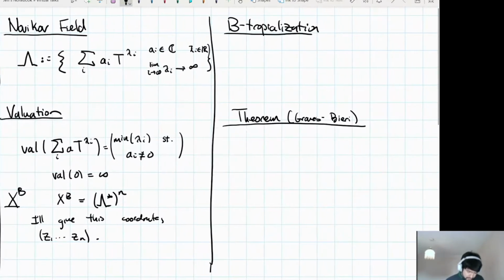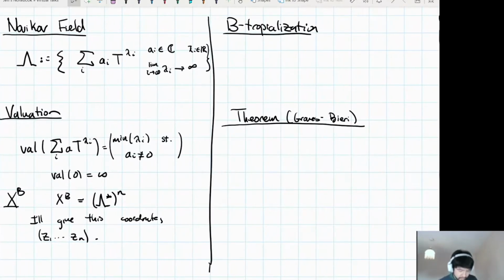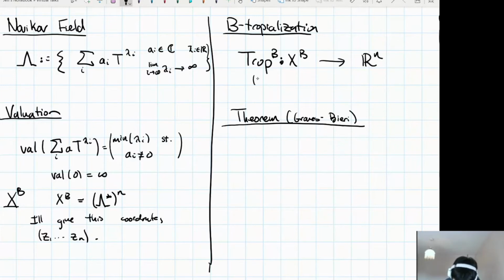Now, associated to XB, there is a process called tropicalization, which takes a subvariety or a set of XB and produces some subset of the plane. So I have a tropicalization map from XB to Rn. And it's very simple.